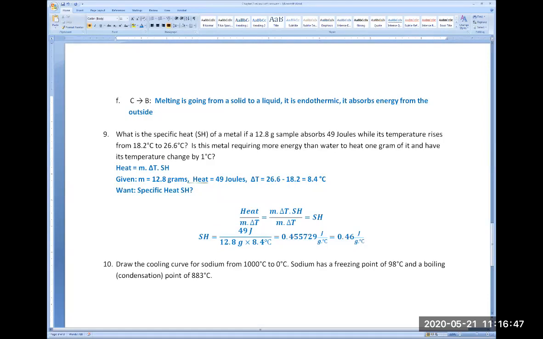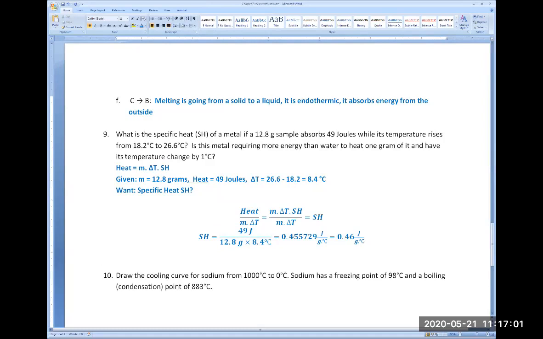And so let's answer the second question now. Is this metal requiring more energy than water to heat 1 gram of it and have its temperature change by 1 degree Celsius? So I have to write here the SH for water in units of joules.